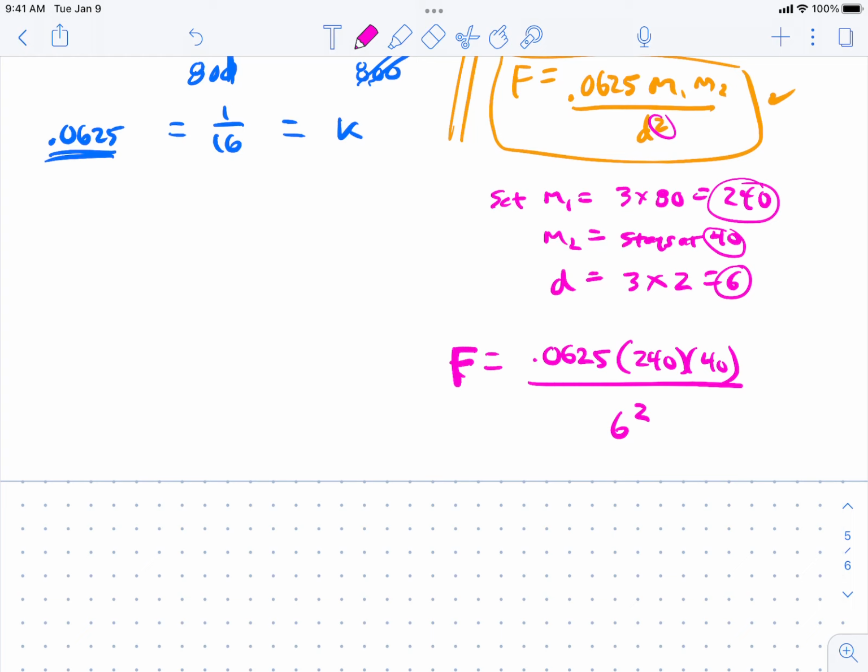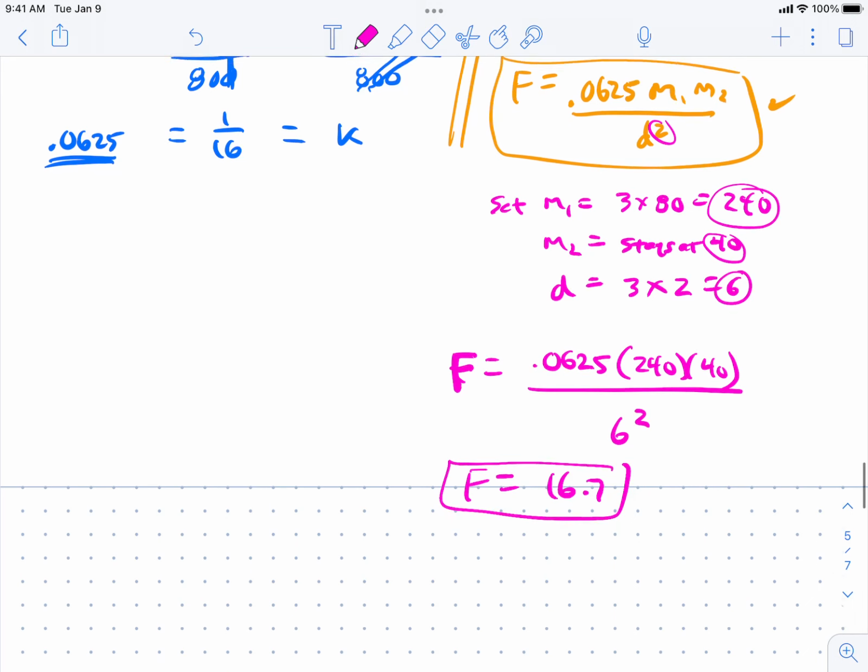I'm typing 0.0625 times 240 times 40 divided by, and I'm just going to type in a 36 because I know that 6 squared is 36. So dividing by 36, and I got boom. I got 16, like 0.7-ish if you round. 16.7 is the new force.